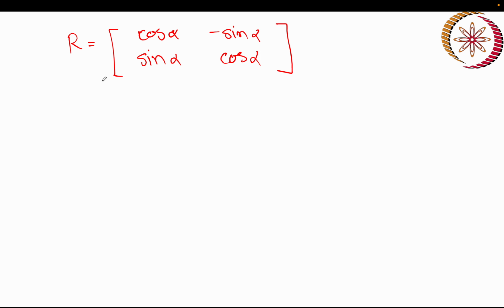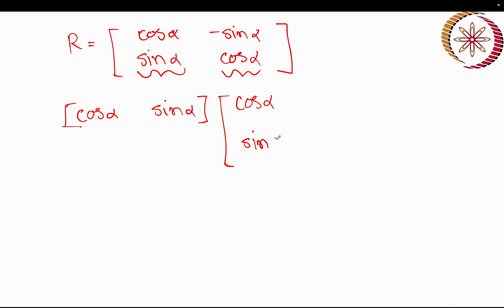Instead of doing it individually, let's take the transpose of the first column, cos alpha, sin alpha, and multiply it with the first column.